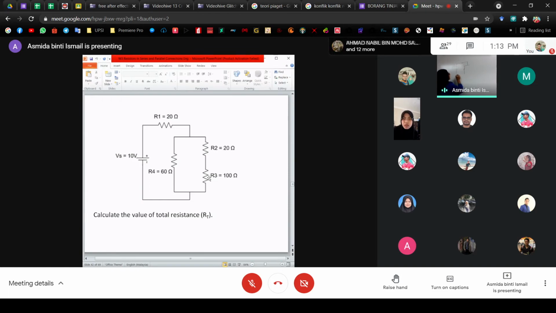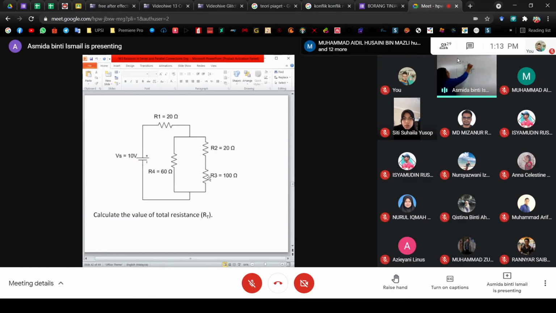Tapi I think most of you already understand about the circuit. This is R2, this is R3, this is R4. So these two are in series.